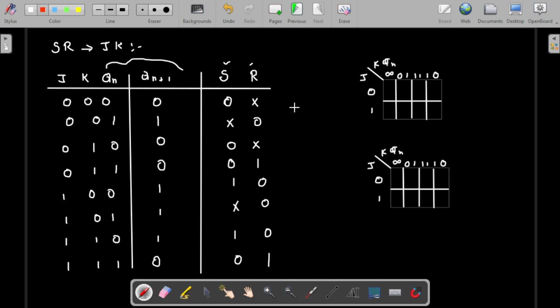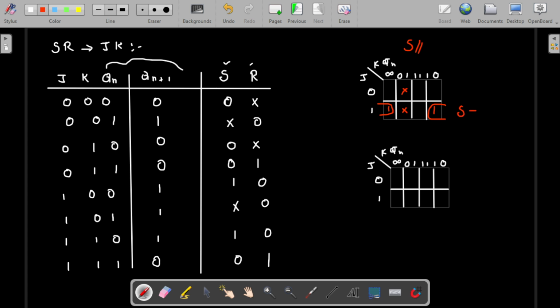This is for S. Wherever S is 1 and X, there is an X in two positions and a 1 in two positions. We can take the don't care condition if needed, but here it is not needed because that would increase our burden.